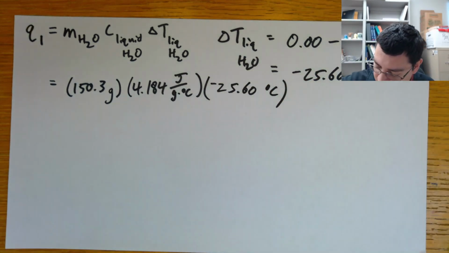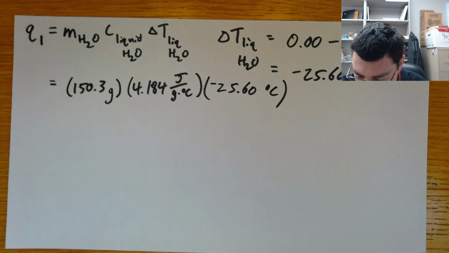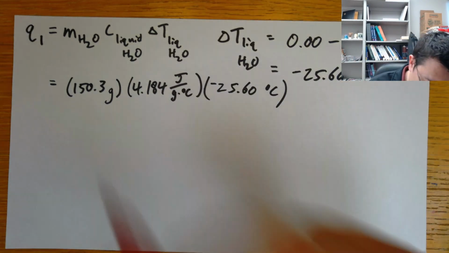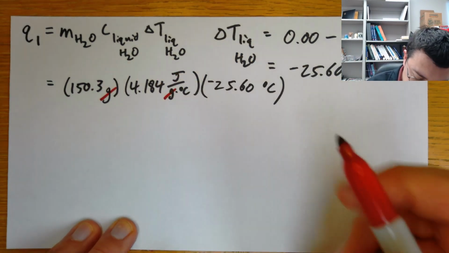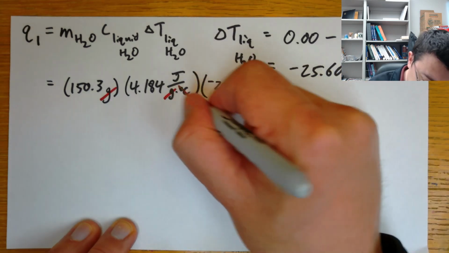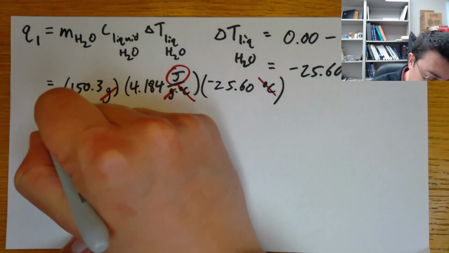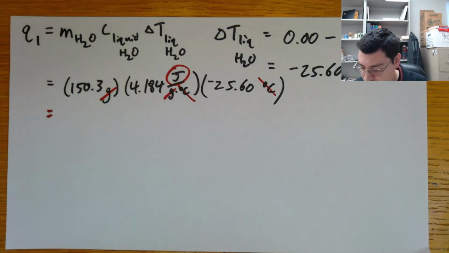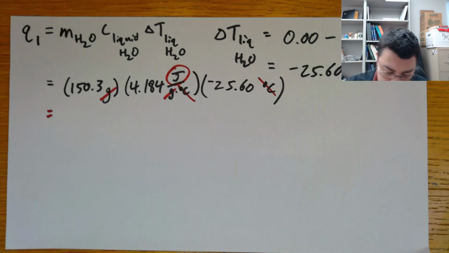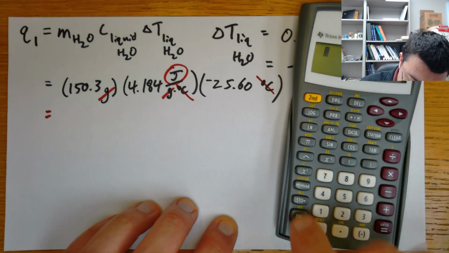Okay, let's see what survives the unit apocalypse. Grams, degrees Celsius are both gone, so we're going to be left with just joules. All right, let's put this in the calculator.